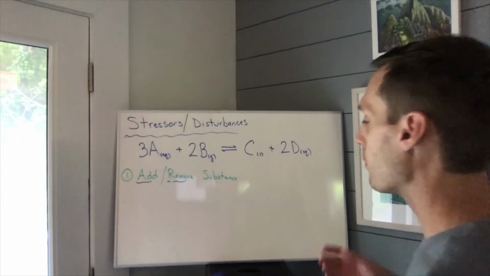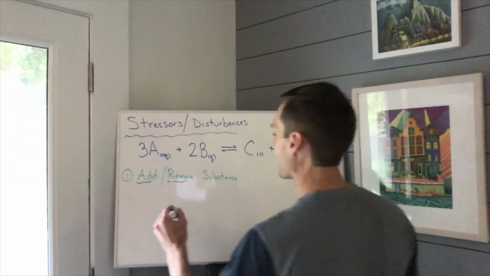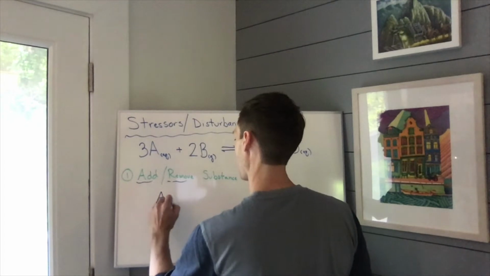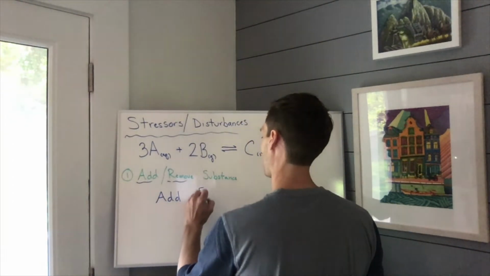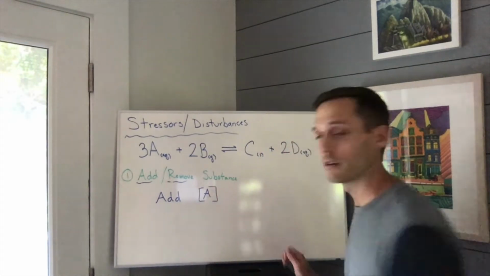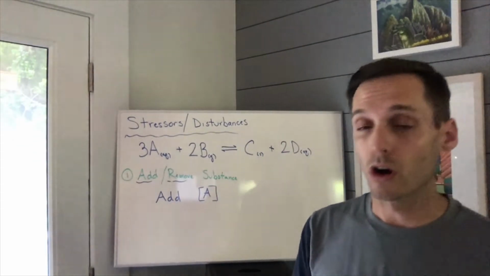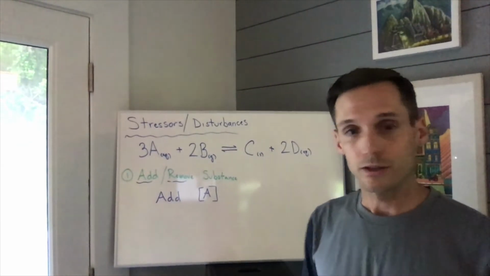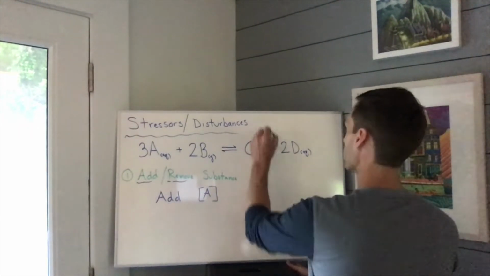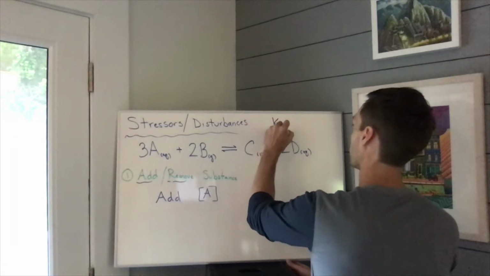So let's think about what would happen if you add a substance. So let's say we add extra A to our reaction. Now remember, we're already at equilibrium, and then we add A. So again, KEQ, just remember, I'll put it up here.